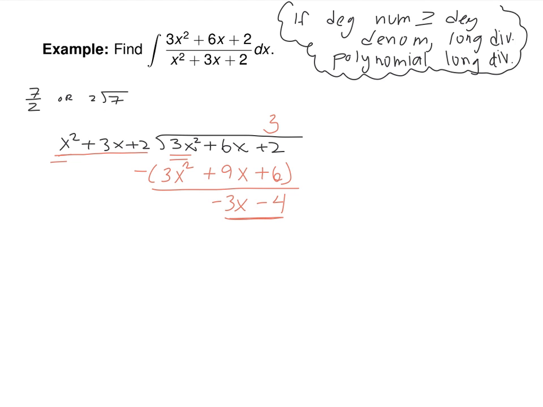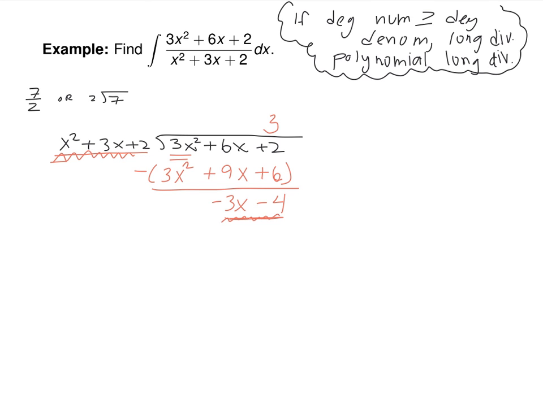In the world of polynomials, you stop when the degree of this is smaller than the degree of the thing you're dividing in. So at this point in time, x squared plus 3x plus 2 goes into 3x squared plus 6x plus 2 3 times with a remainder of negative 3x minus 4. That's weird, but it is.